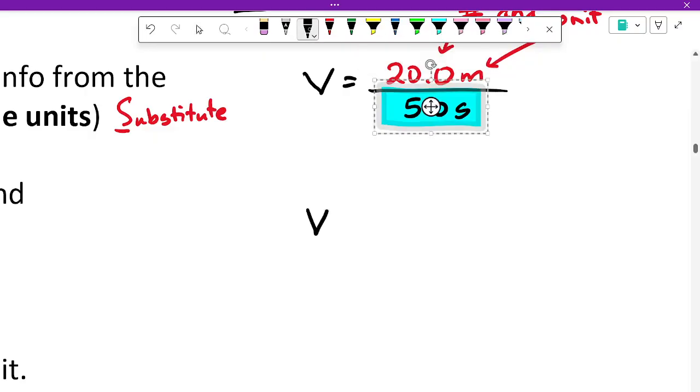So we would say V is equal to, what's 20 divided by 5? 4. And then our unit is meters per second. So we have substitute, then we have calculate.